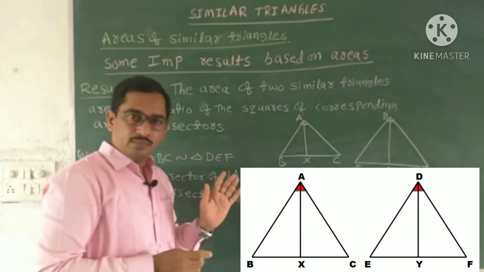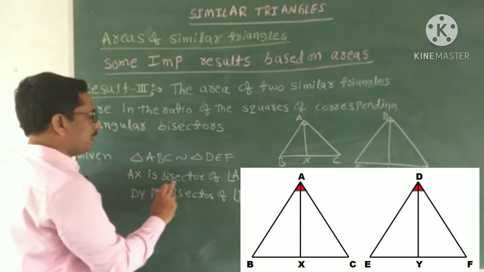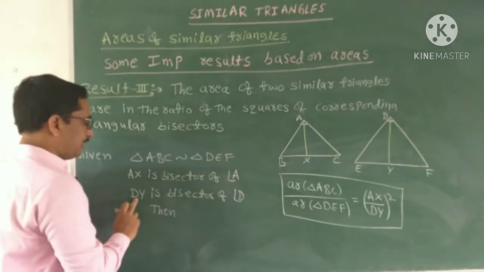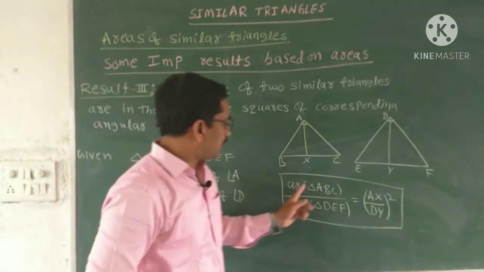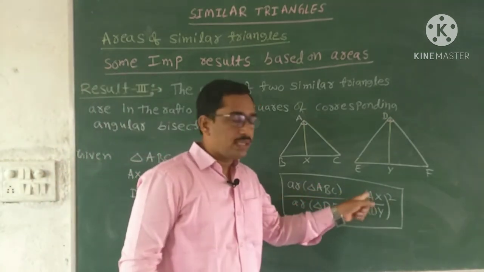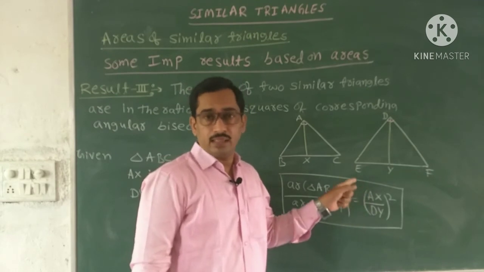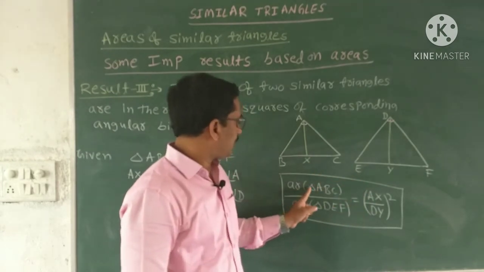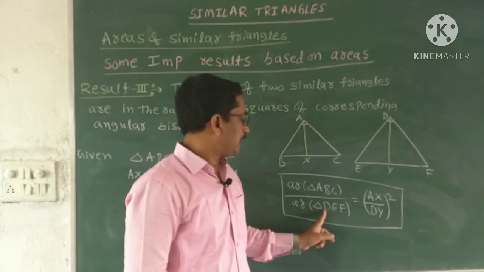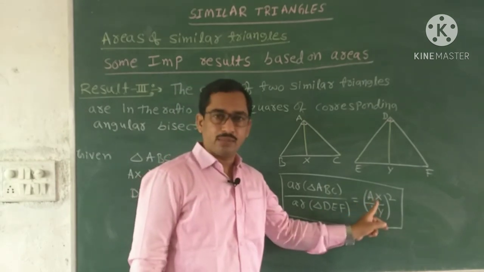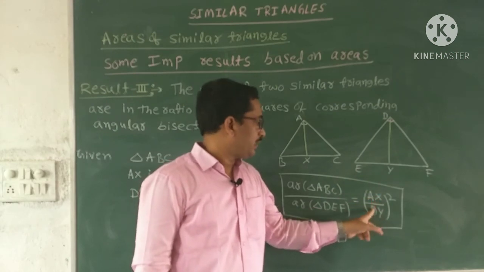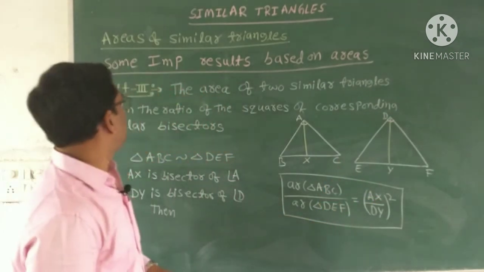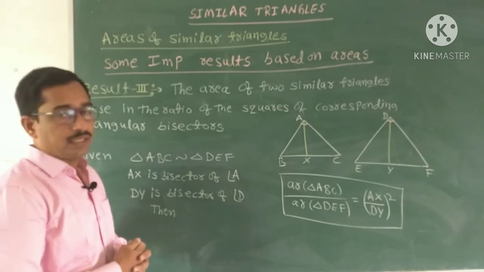So AX is the bisector of angle A and DY is the bisector of angle D. Then the ratio of their areas is equal to the ratio of the squares of their angular bisectors: area of triangle ABC by area of triangle DEF equals AX by DY whole square. So these are the important results based on the areas of triangles.